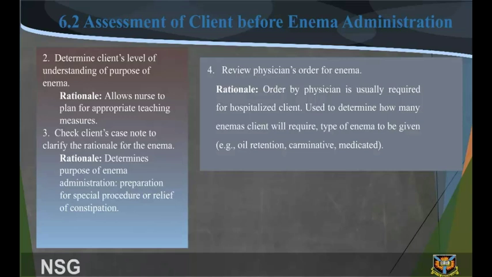Review physician's order for enema. Rationale: order by physician is usually required for hospitalized clients, used to determine how many enemas clients will require, type of enema to be given, that is oil retention, carminative, medicated.